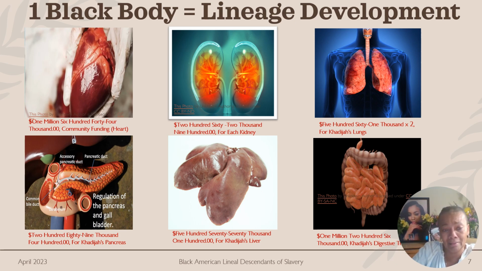There was a lady in Chicago that those people were interviewing, and they said that 15 kids were killed in a weekend. Can you imagine when they're taking these organs from these kids, where all of that money is going, and where all that money could be used for the slave descendants?